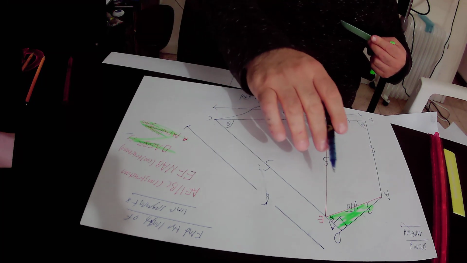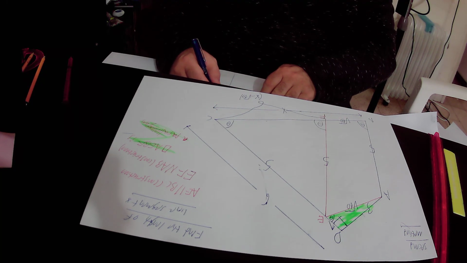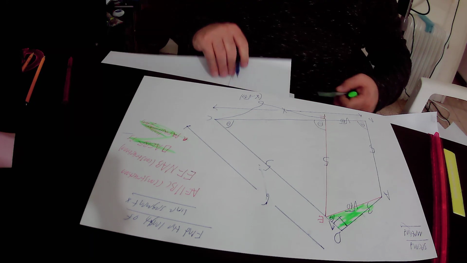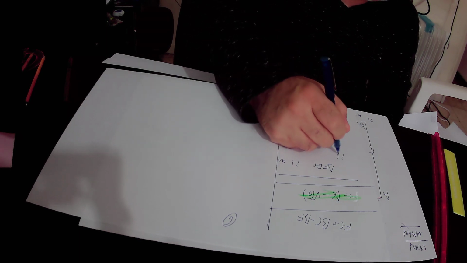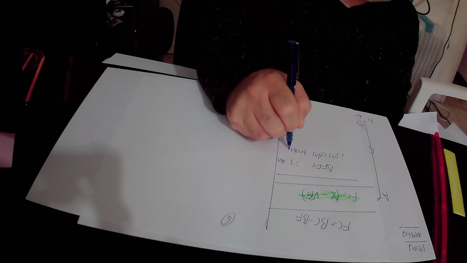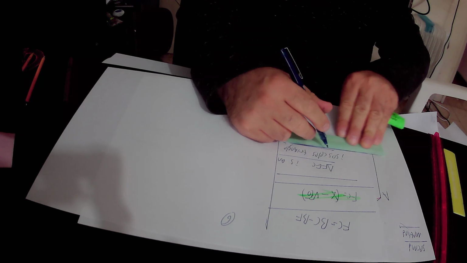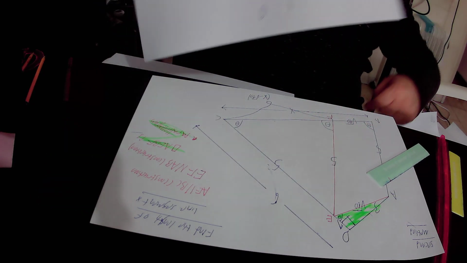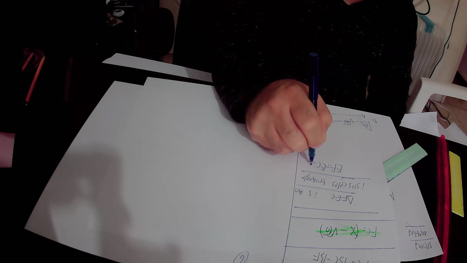I'll repeat again: triangle FEC is an isosceles triangle because EF is equal to EC equals 5 units.